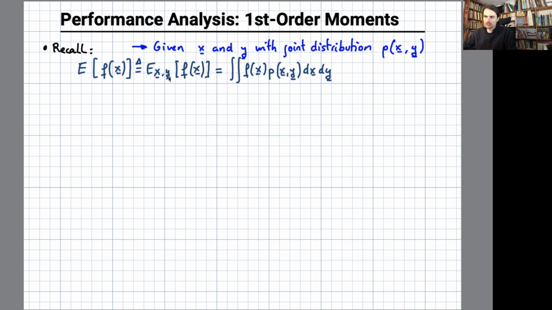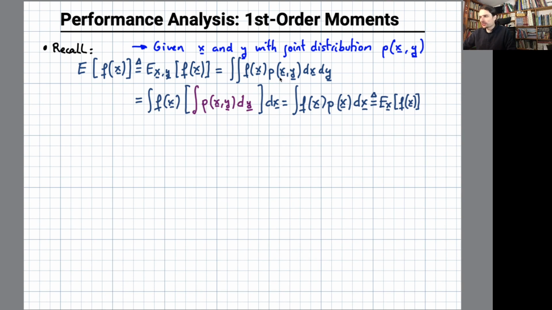Okay, so in this case it is as writing x and y here. And by the definition of the expectation, it can be expressed in integral form in this way.